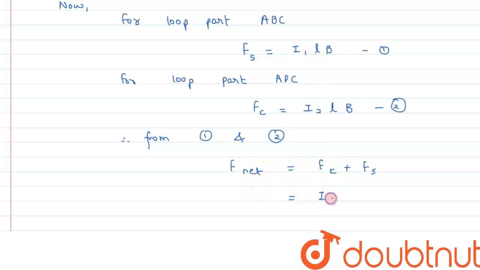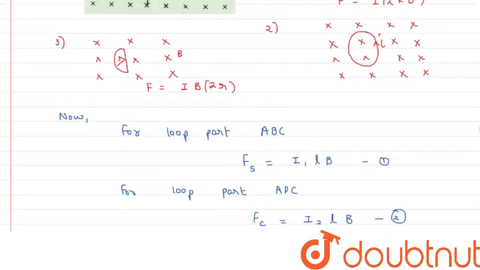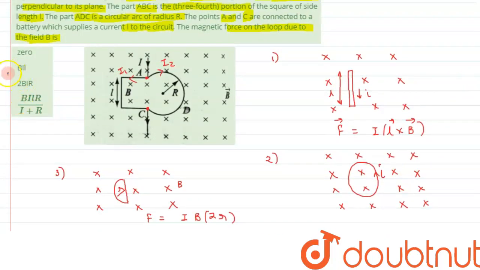So I1 plus I2 can be taken out as common, and since I1 plus I2 is I only, the net force on the loop is I L B, since I equals I1 plus I2. So this is the answer to this question, and this matches with option B.